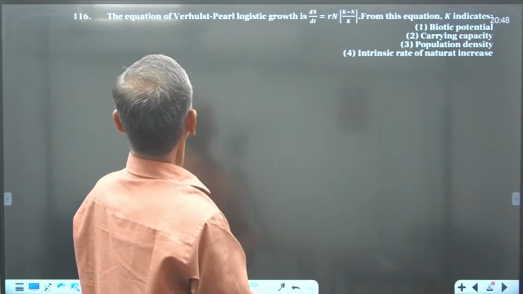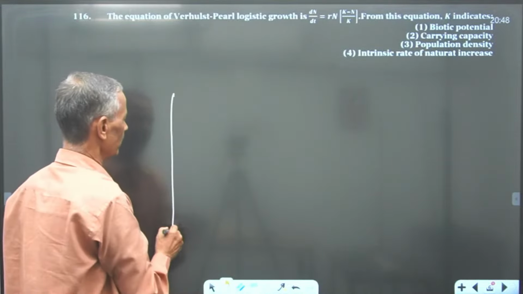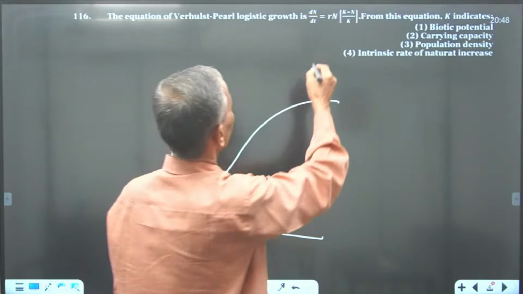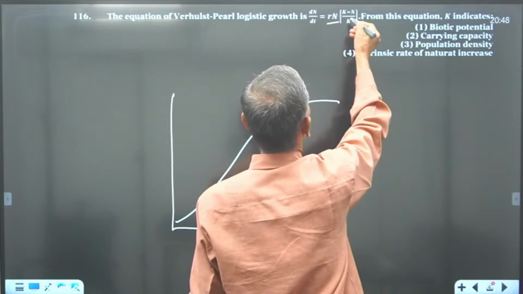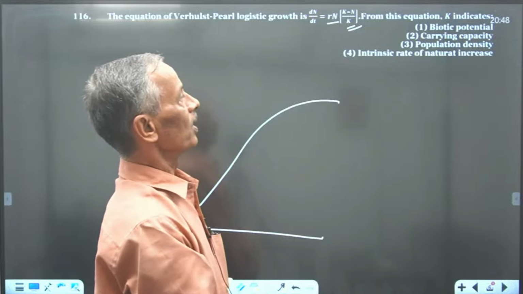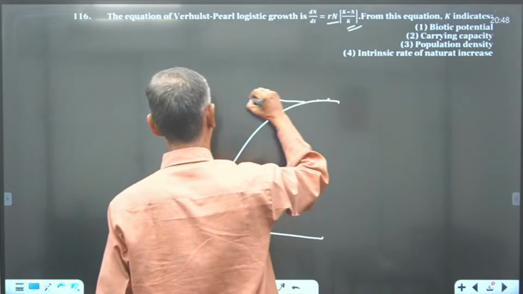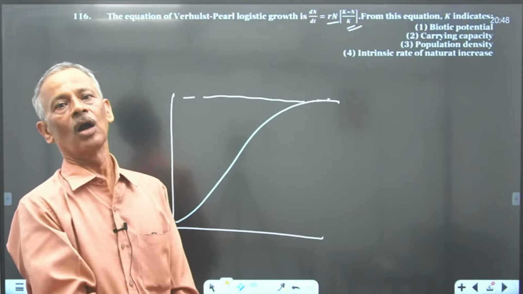Now, the equation for the logistic growth curve, where we have a sigmoid growth curve, where dN/dt equals rN(K-N)/K. What is that K? K is the carrying capacity, the maximum number the ecosystem can uphold.